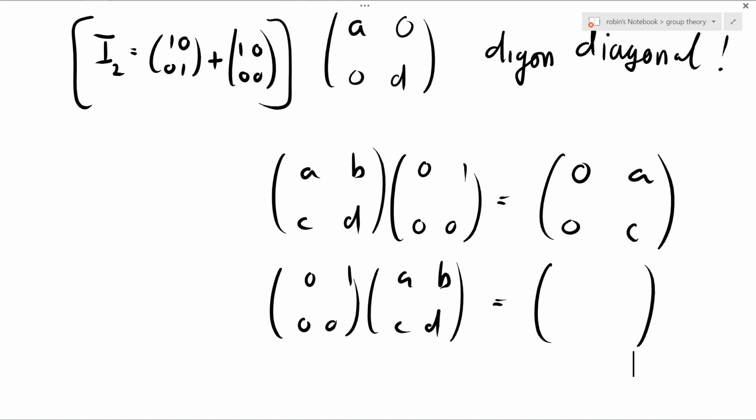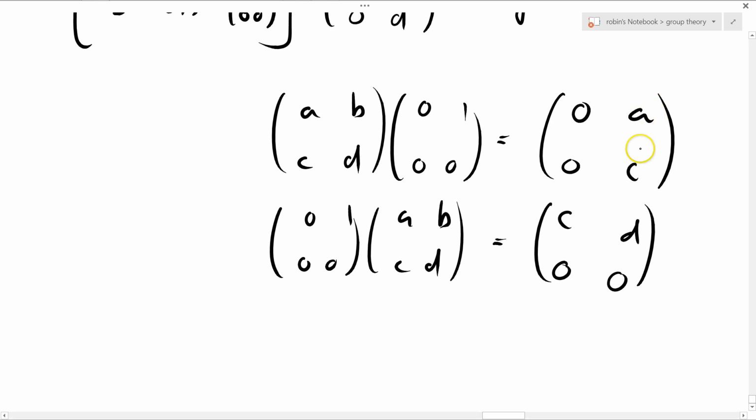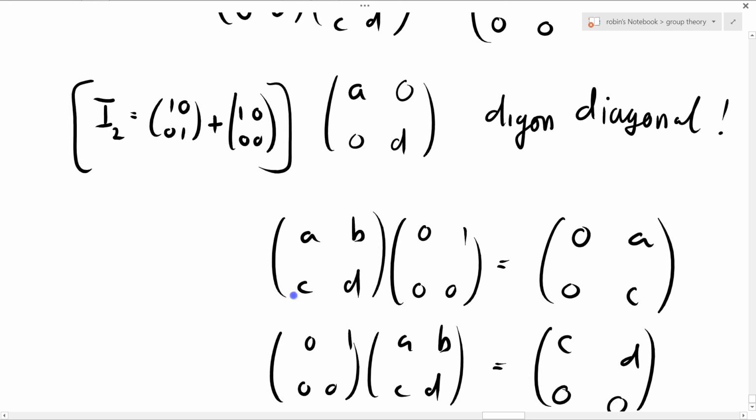Notice that when I'm doing this, all I'm doing is writing down the definition of being in the centre, and I'm just mucking about with it. I'm not doing anything clever here. That's C, that's D, 0, 0. So by matching the top right position, I know that A equals D. And I also know from this one that C equals 0, but we knew that anyway from up here.